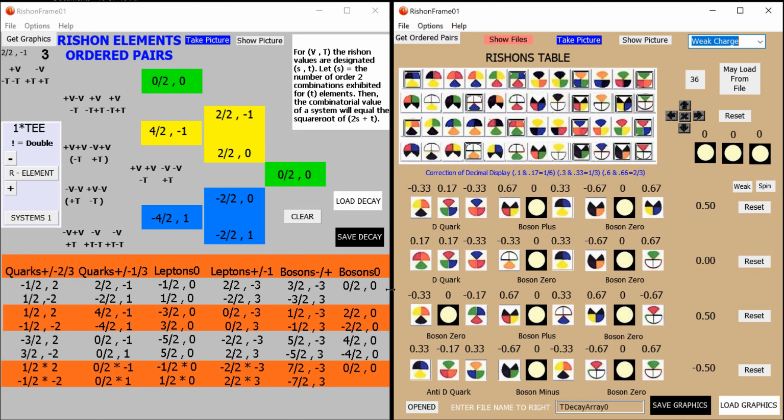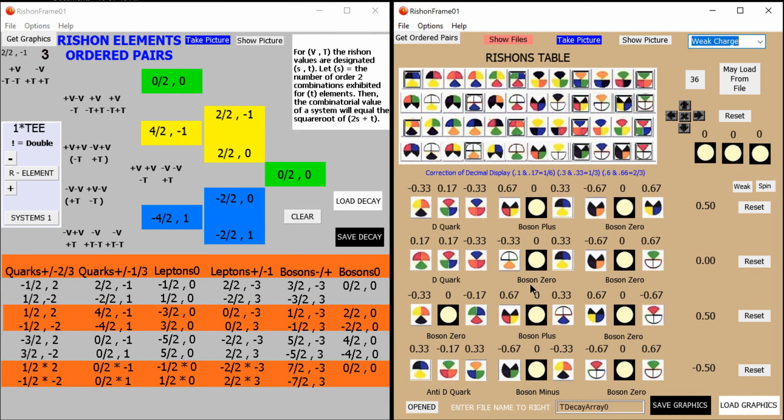Now, the B quark is going to be a spin 1/2 quark, so it should have no weak charge. And if we add these charges up, we have 1/6 plus 1/6, which is 1/3, plus -1/3, which is 0.